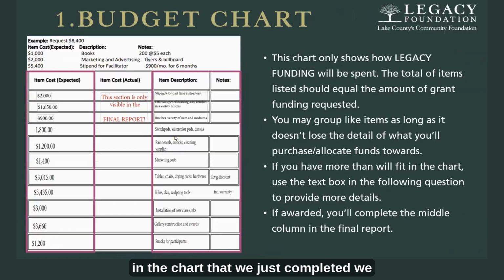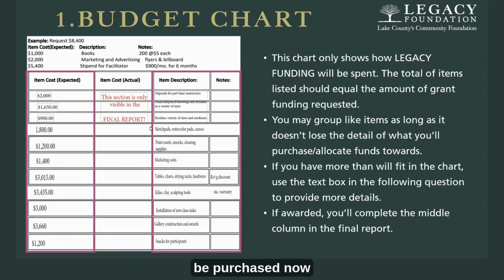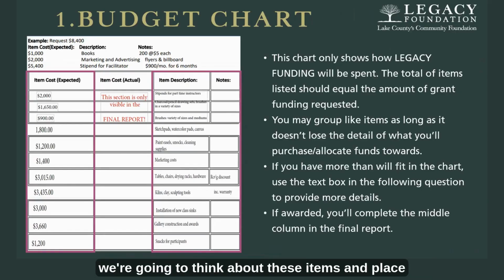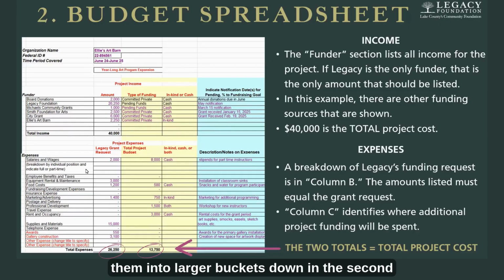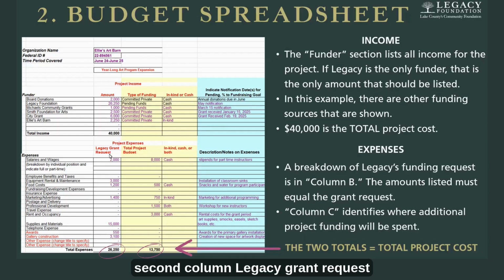In the chart that we just completed, we were listing individual items or services that will need to be purchased. Now we're going to think about these items and place them into larger buckets down in the second half of the spreadsheet in the expense area. The second column, Legacy Grant Request, shows how you'll take the amount that you're asking from Legacy and which buckets you'll break it down into.